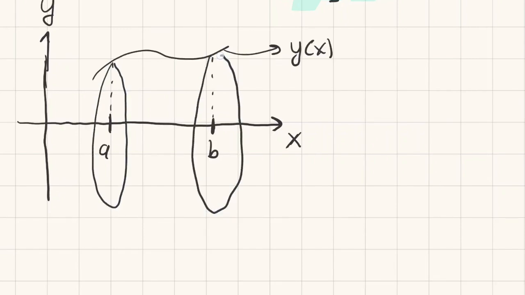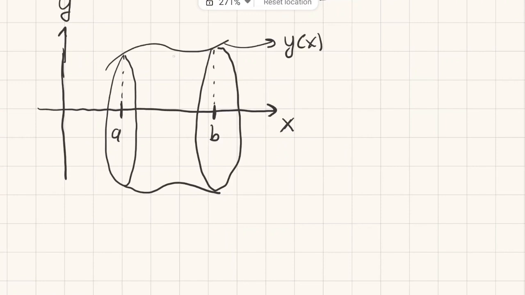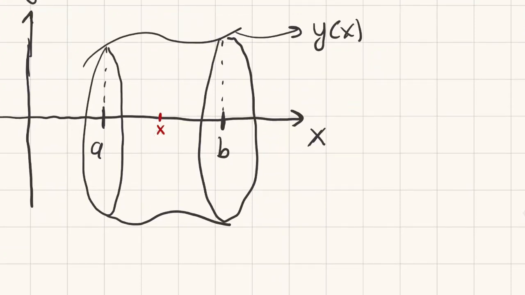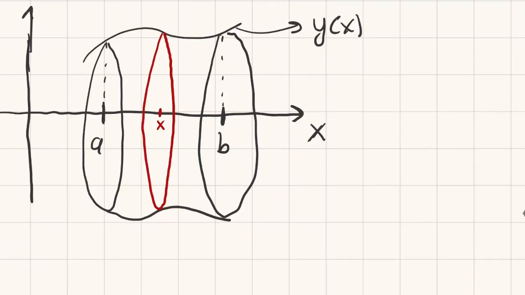So if we do that, we are going to get a three-dimensional surface like this. And again, we want to calculate the area of the surface, right? So to do that, we are going to consider an arbitrary point x, right? That will help us to generate a cross-section of the figure, so that we can calculate the perimeter of the circumference that is formed at this x value, right?